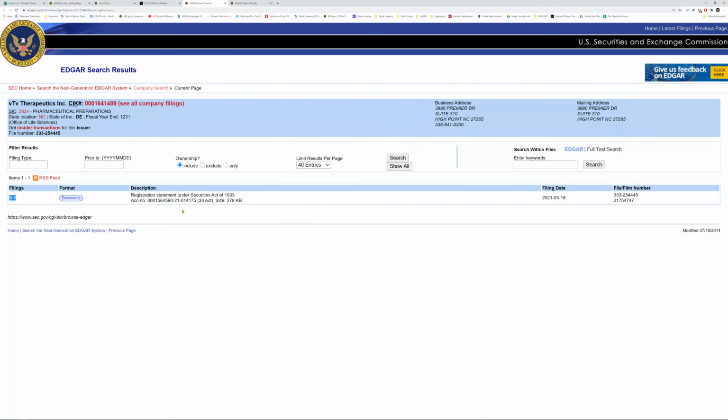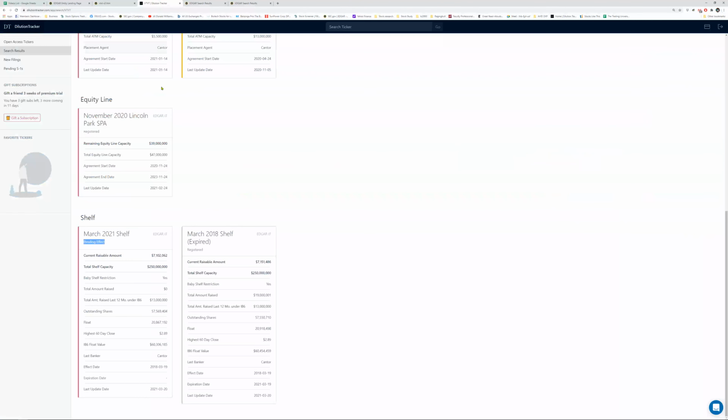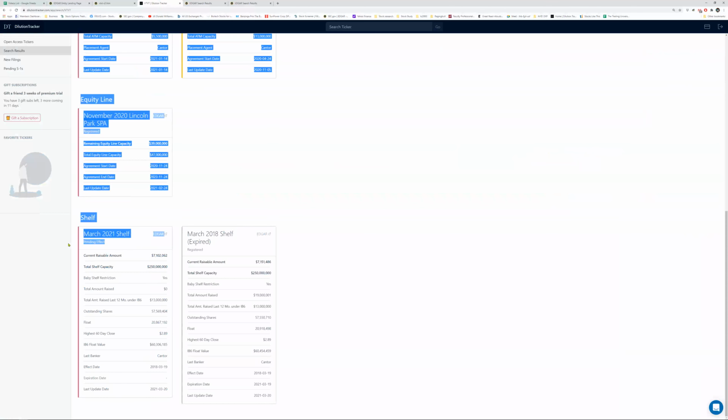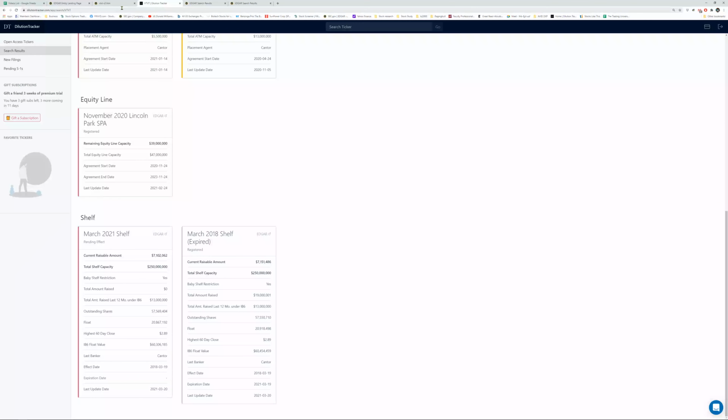That shelf can be used, but this shelf can't be used until the effect comes into place, and that's why you see right here pending effect. Okay, and this happens for S1s as well. Now, I mentioned in the beginning an S1 was for an IPO, but you can also do S1s for other things like PIPEs and stuff, and so those need effects as well.